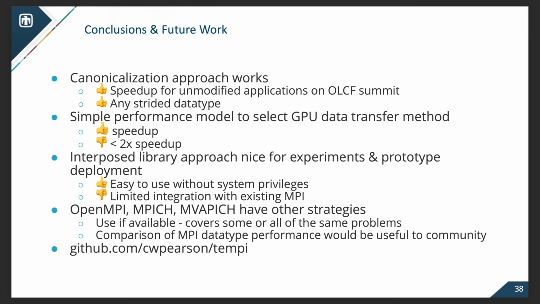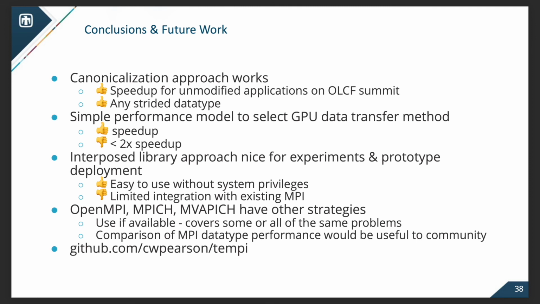So basically, we've shown that this canonicalization approach works well for handling various different MPI data types. We got a lot of speed up on an unmodified application on OLCF Summit, and it works for any sort of regular strided data type.